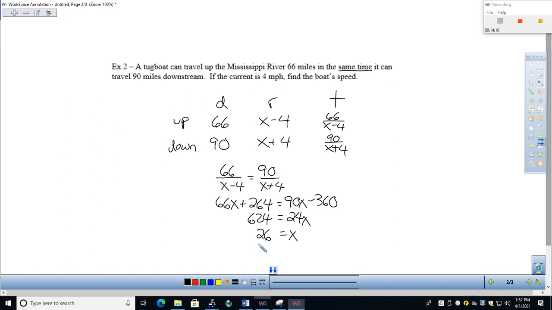So this would be 26 miles per hour as a still water speed. Going up, I'll take away the 4. Going down, I'll add the 4. And so I'm thinking of it as 22 miles per hour up, and then 26 plus 4, that would be 30 miles per hour going on down.